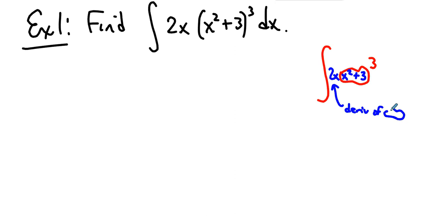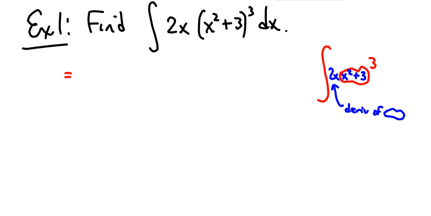This is the derivative of the nugget. And when that happens, good things follow. So here is what we do. We do a complete change of variable. We get rid of everything that smells like x, and we replace it with u.